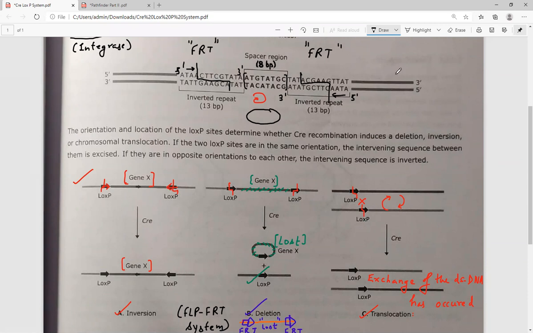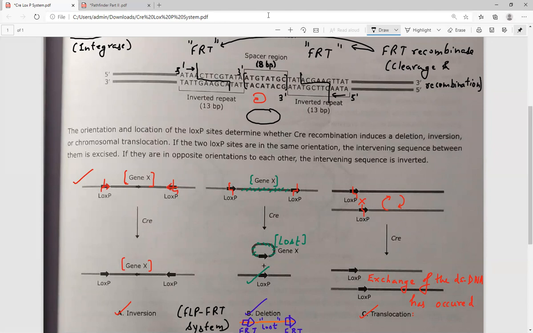The FLP recombinase will function at this particular sequence and will cause cleavage and recombination to take place.